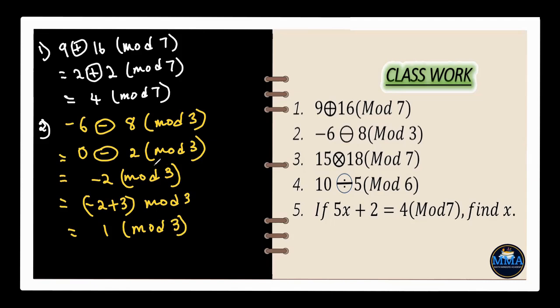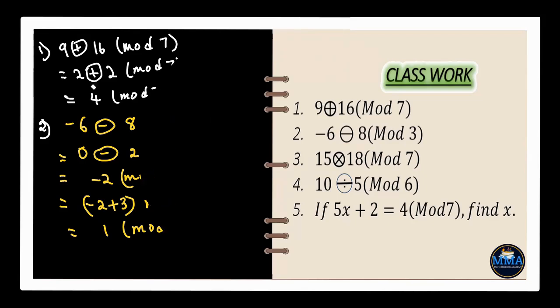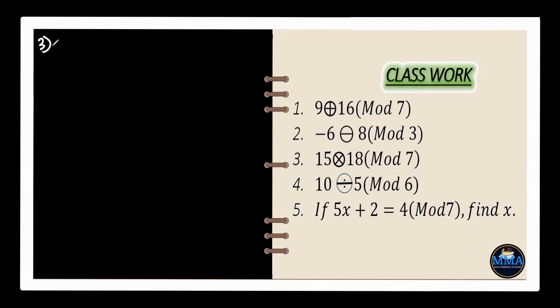Hope you are taking note of this correction. Let's look at number 3. Number 3, we have 15 times 18 mod 7.